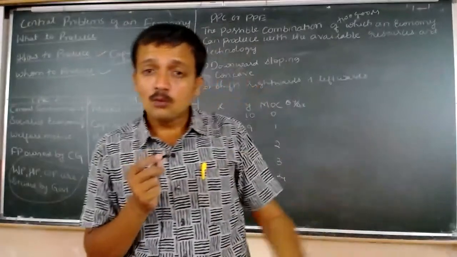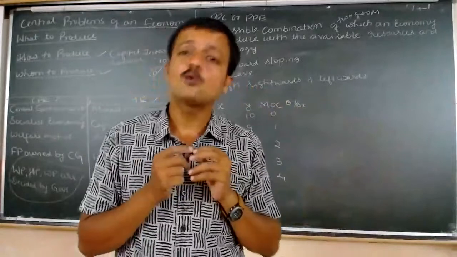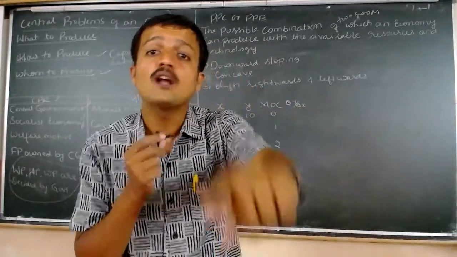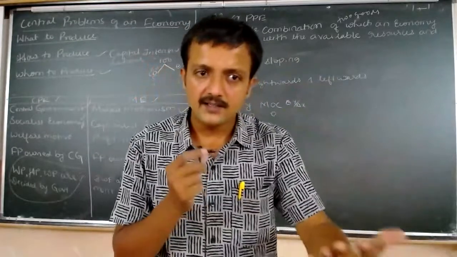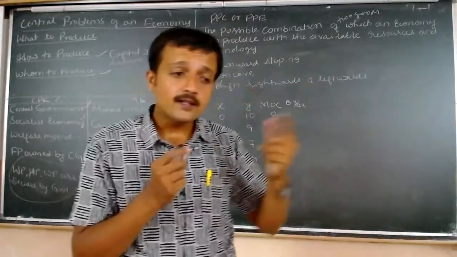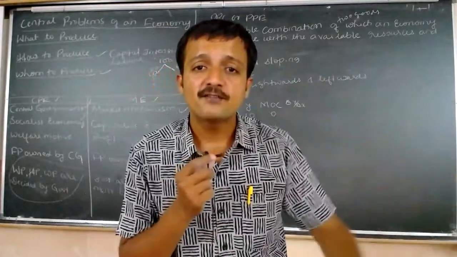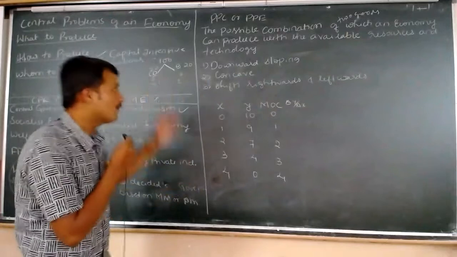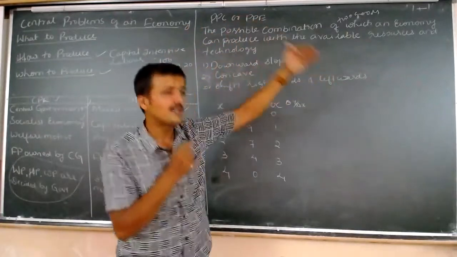Then to buy the second cold drink, you will be sacrificing more than one. That is the assumption, that to acquire another unit you need to sacrifice more and more. That is the assumption of the production possibility curve.